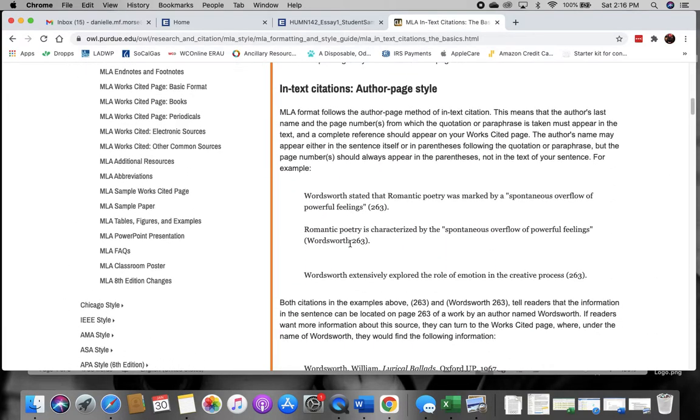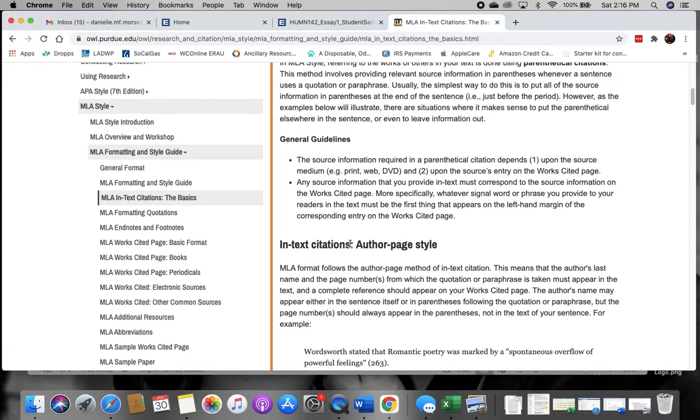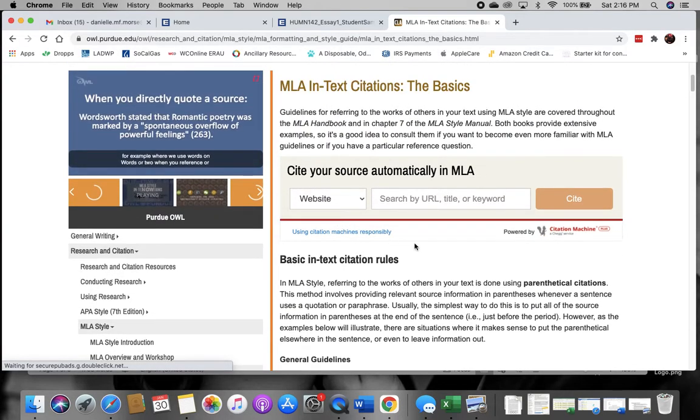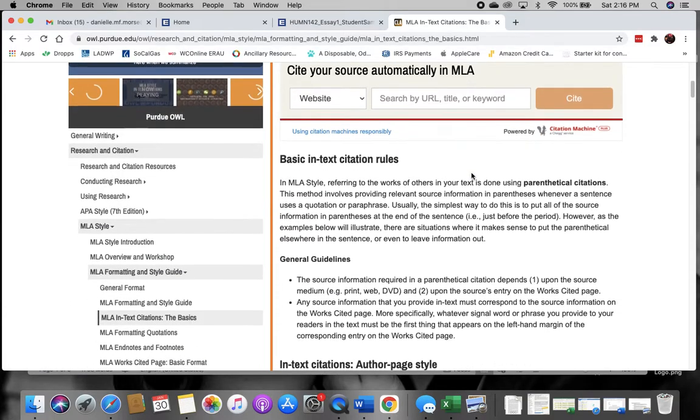It's considered the next best thing. It's not. It just isn't as comprehensive. It just doesn't have as much as the entire manual, but it is basically the manual. And it's an incredibly credible site. The page I'm on right now is in-text citations, the basics.